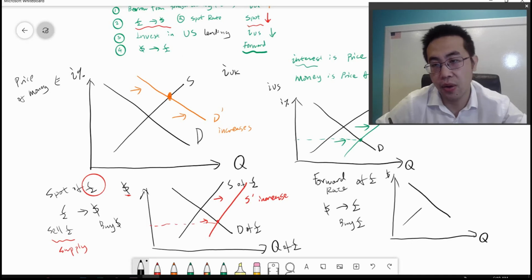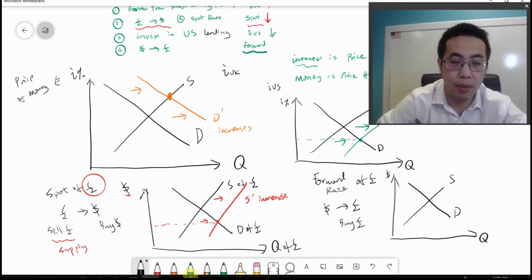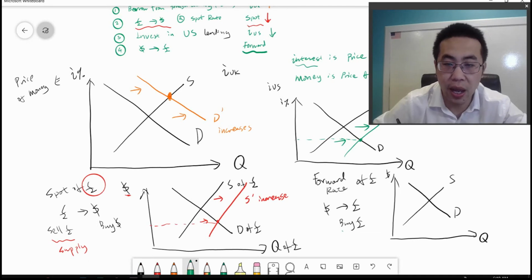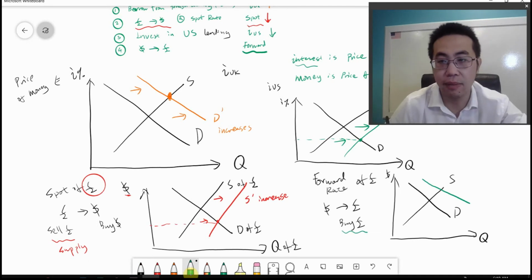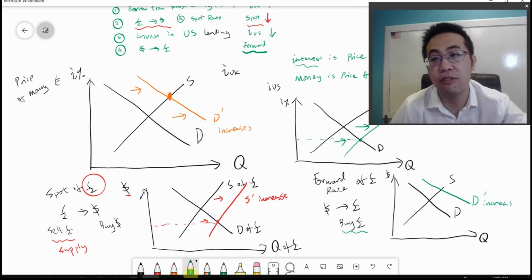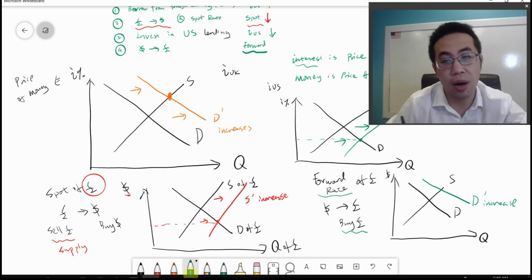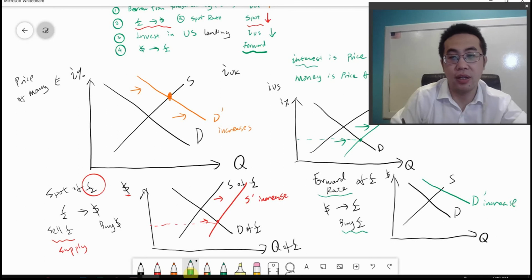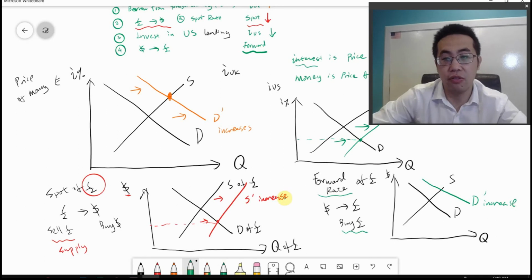And you have a demand and you have a supply. And these are both for pounds. If people are buying British pound, you are creating a demand of the pound. So that basically means your demand of a pound increases in the forward market, not in the spot market anymore. We're talking about an exchange in the future when the forward contract is due.